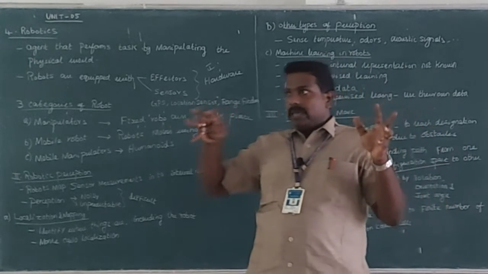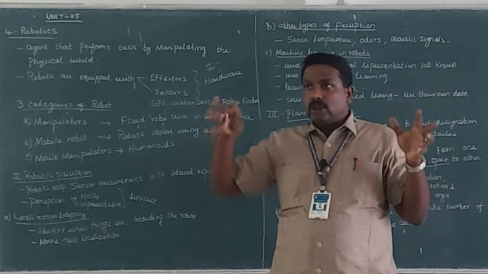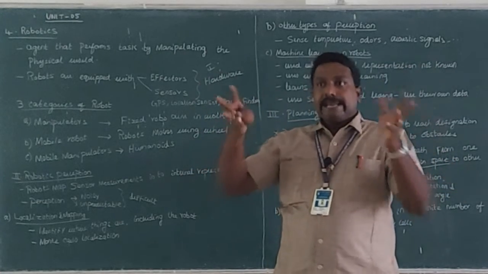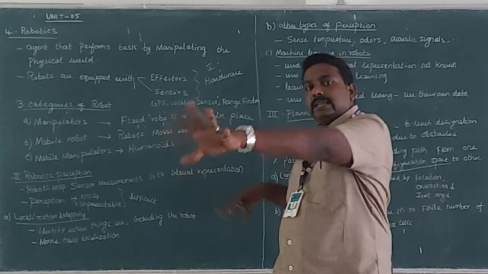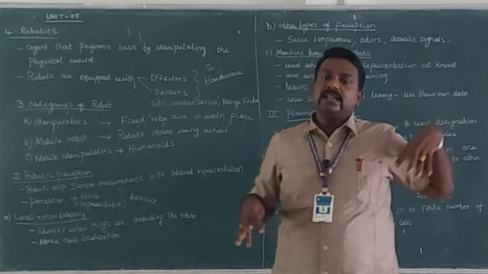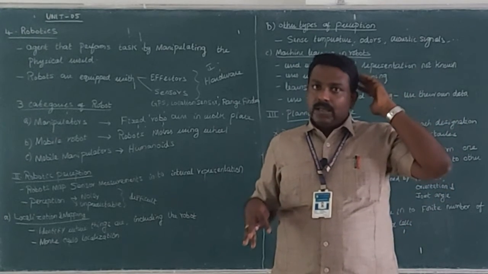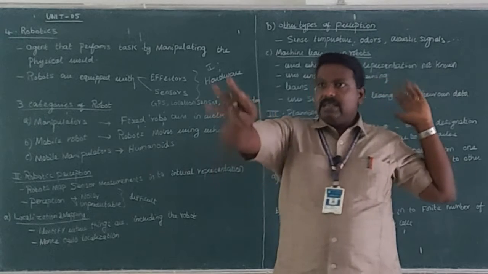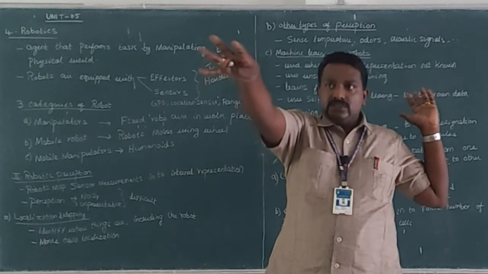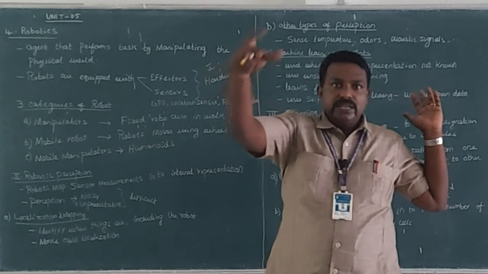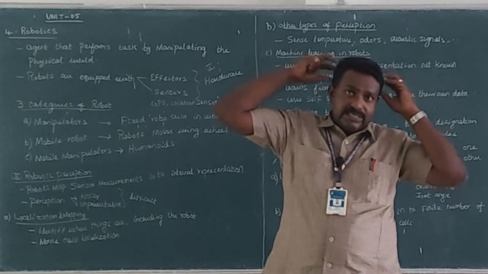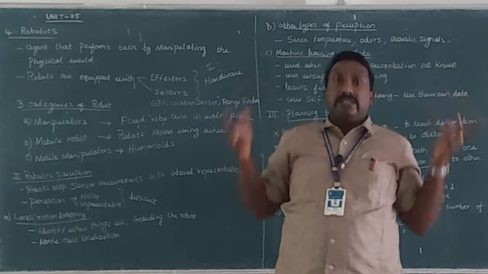When that robot sees an object in the environment, it has to map that thing into its internal state. Internal representation is nothing but the knowledge representation. So if you see a certain object there, it has to select that object, map it with the knowledge it has, and find what it is.